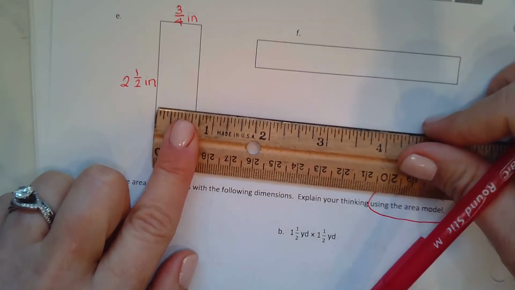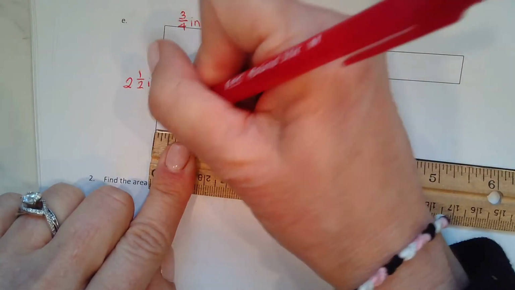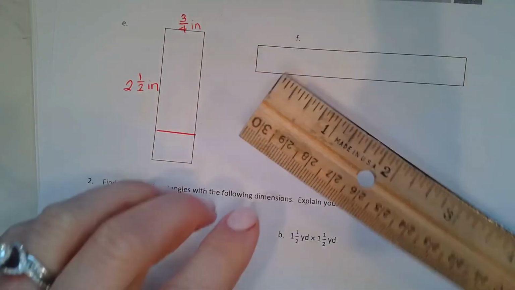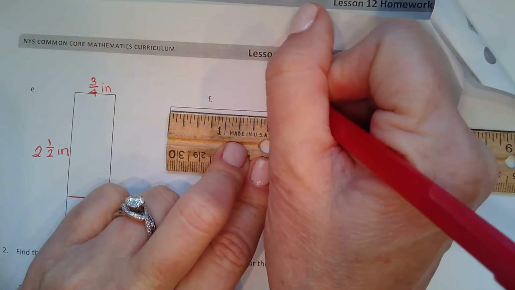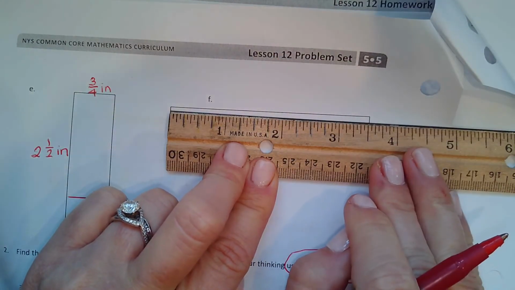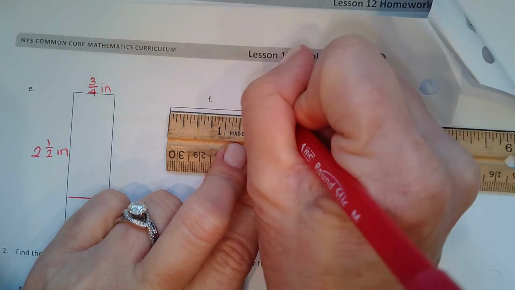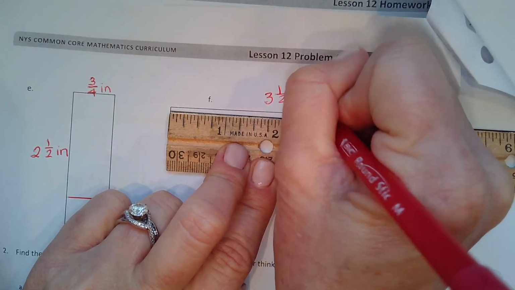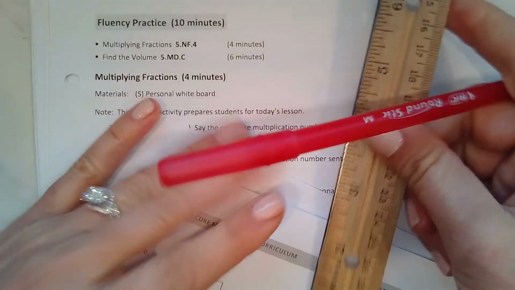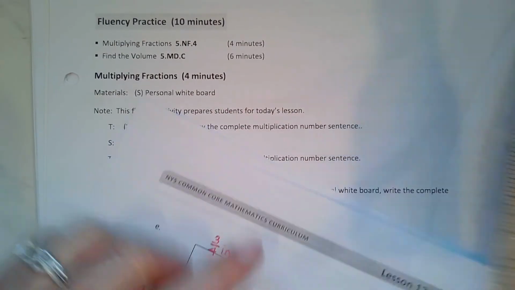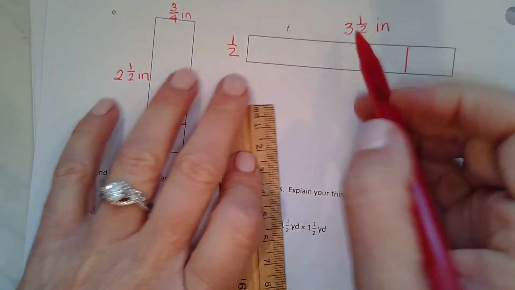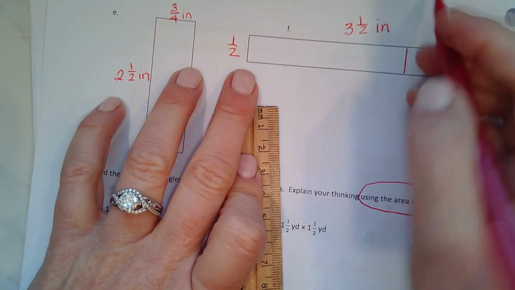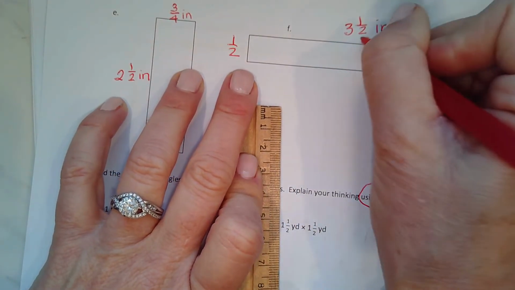This is going to be 2 1/2. This one here, 3 1/2. I think that's straight up 3. Let's go 3 1/2 inches by 1/2 inch. So this right here, there's just going to be 1. So this will represent 3 plus that half.